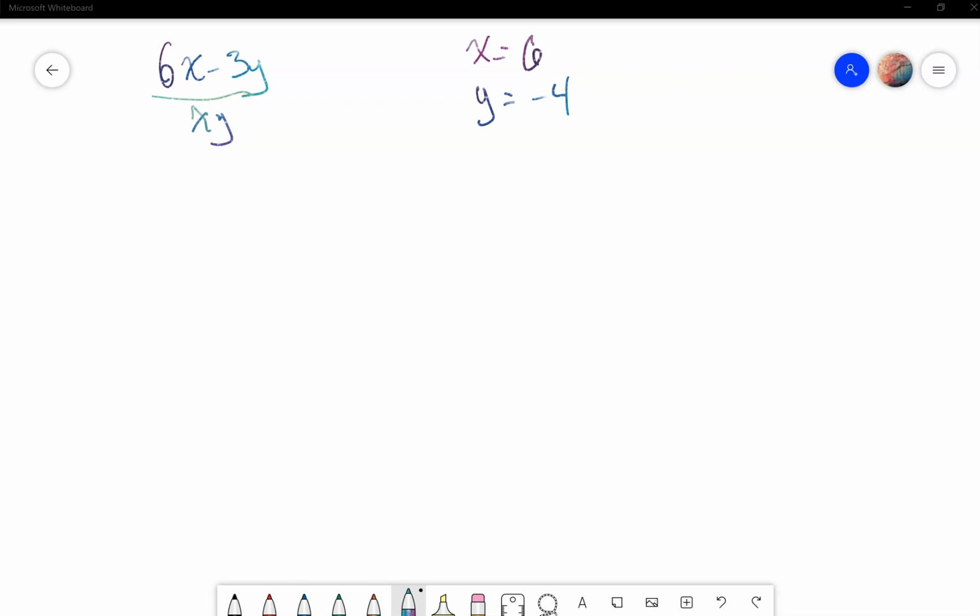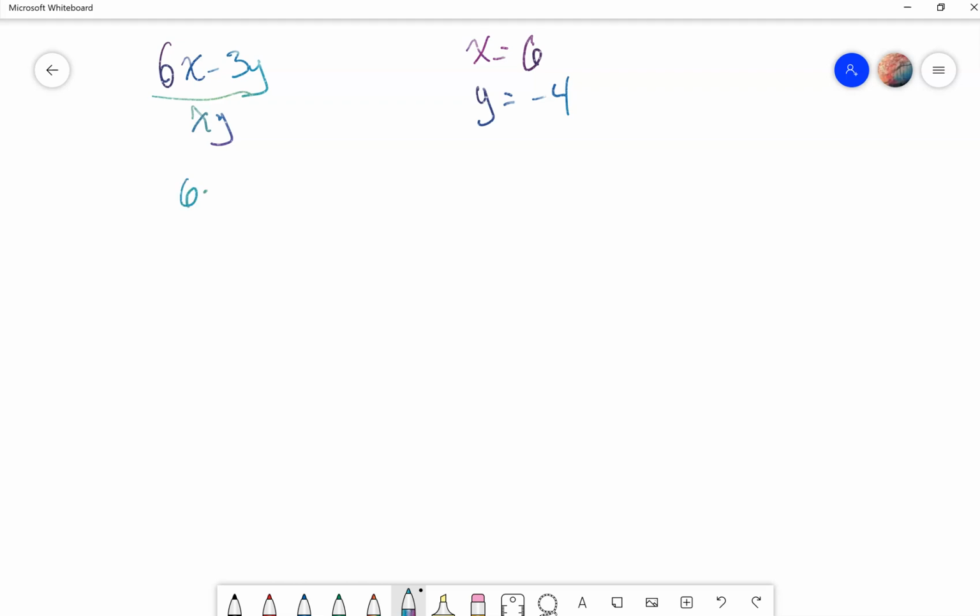So 6x, x is 6, so that becomes 6 times 6 minus 3 times y, y is -4, over x times y. So 6 times -4.